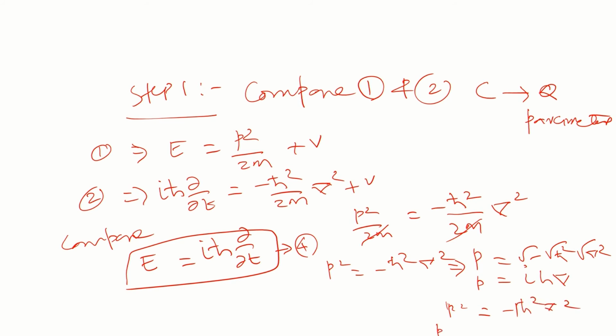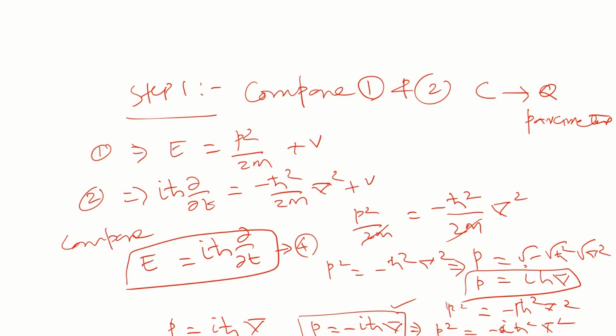Also, if p = -iħ∇, that also gives p² = -ħ²∇². So we have two values for p: p = -iħ∇ as well as p = iħ∇. For both values, if you square, that will give you p² as -ħ²∇².